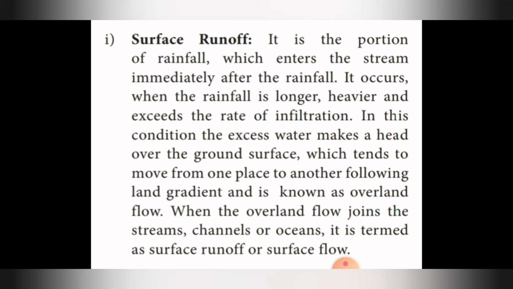So, when heavy rain occurs, water flows over the land. The land absorbs the water, but when it exceeds the limit, the water overflows on the land. When the overland flow joins the streams, channels or oceans, it is termed surface runoff or surface flow.